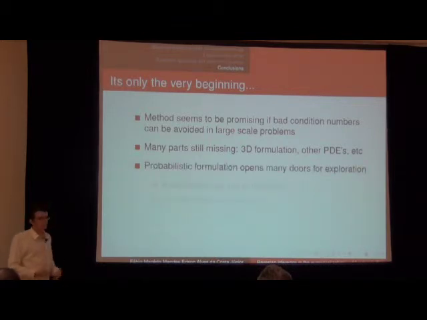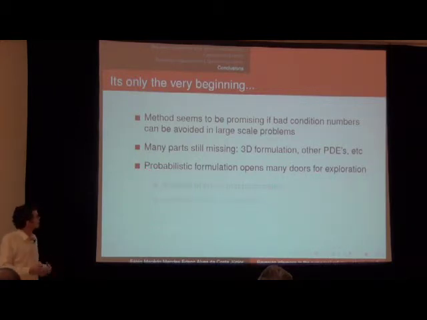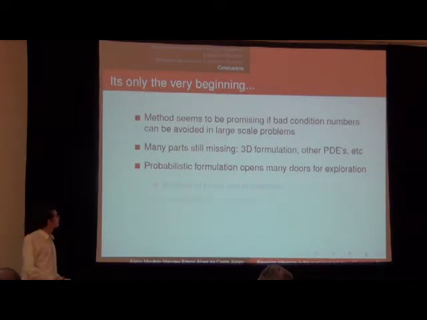But the good thing, in my opinion, is that this probabilistic formulation opened many doors for asking other questions that are not usually asked for classical methods. Of course, in classical methods you also do analysis of error, but here you can get probabilities and interpret these errors more precisely.